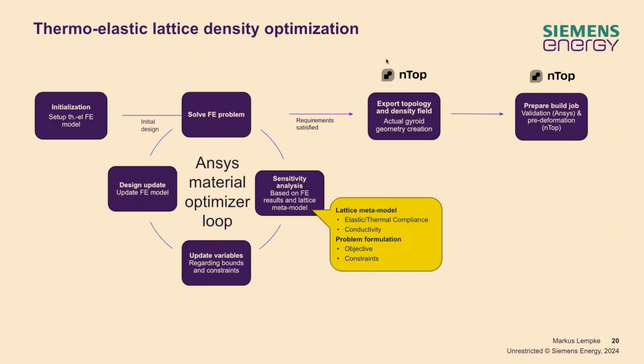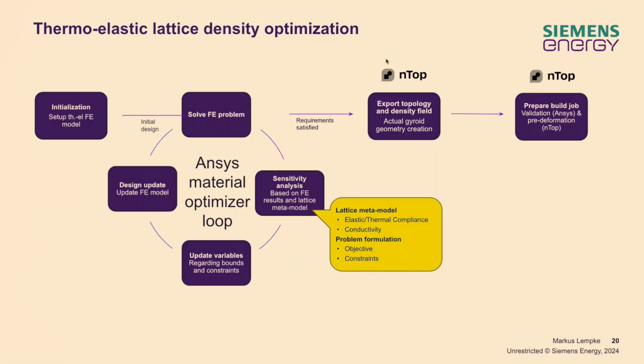So in the Ansys software, the process simulation is completely done. And the optimization is completely done without any defined geometry, but with a model. And then in the end, we end up with the topology shape, the new shape, and the density field of how dense the lattice needs to be.